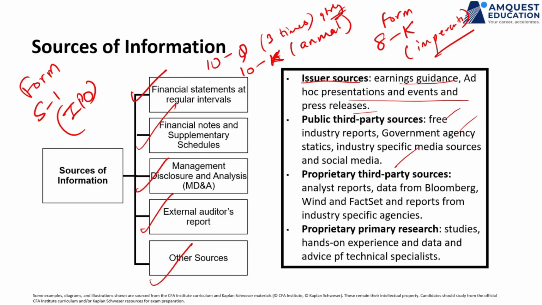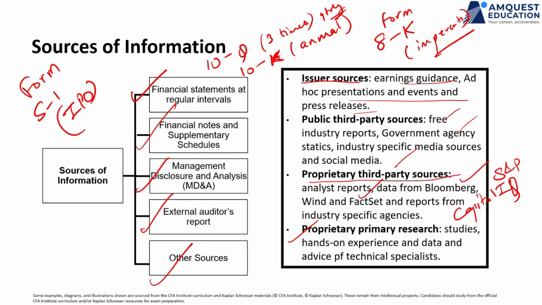This is all free data. But then there is some paid database, proprietary third-party sources or database. For example, Bloomberg as a database, FactSet as a database. There is Capital IQ as a database from S&P. So some of these databases are important, and these databases can also offer you information.